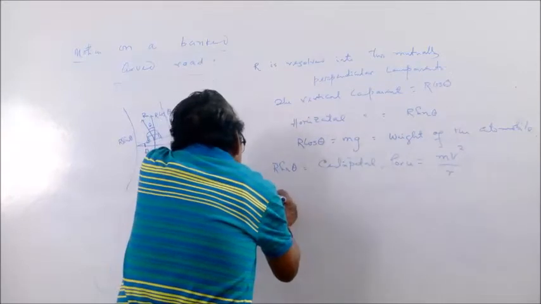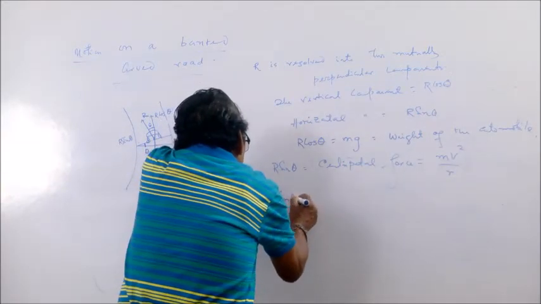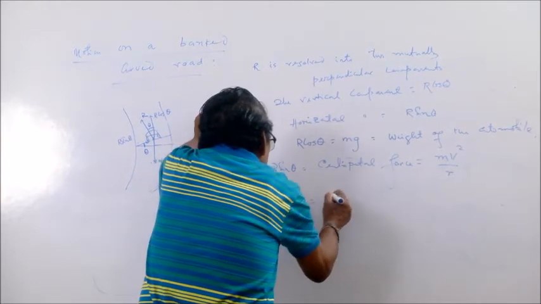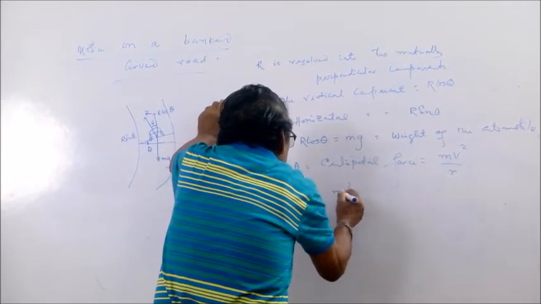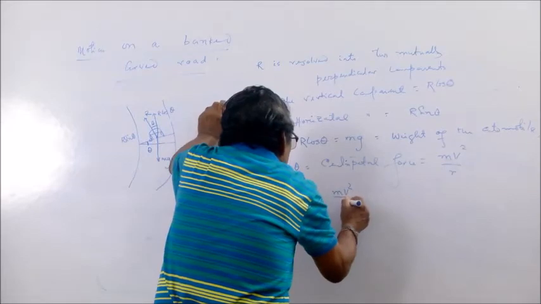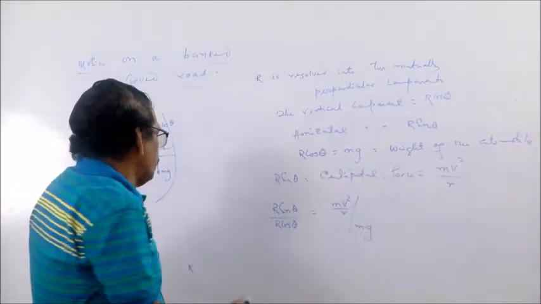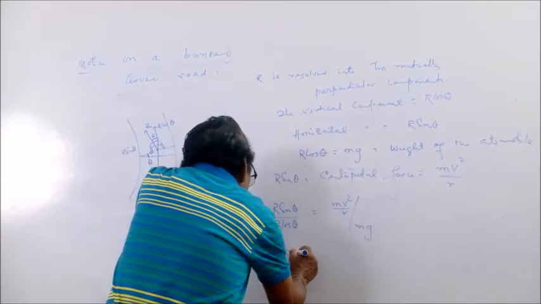So, R sin theta by R cos theta is equal to mv square by r by mg. So, tan theta is equal to how much?